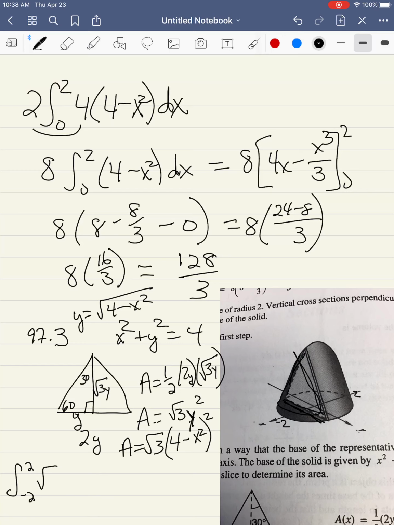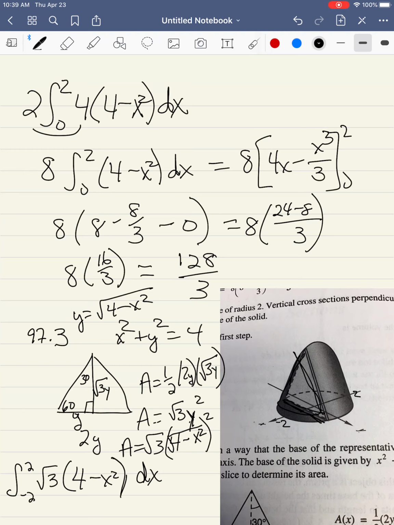So we put that in here. Square root of 3, 4 minus x squared squared dx. Oops, that was square root of that. So this actually, after I square that, this goes away. All right.